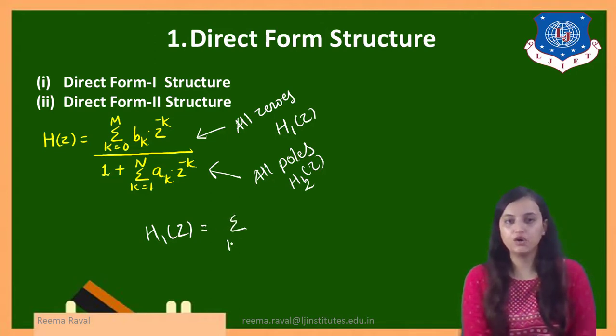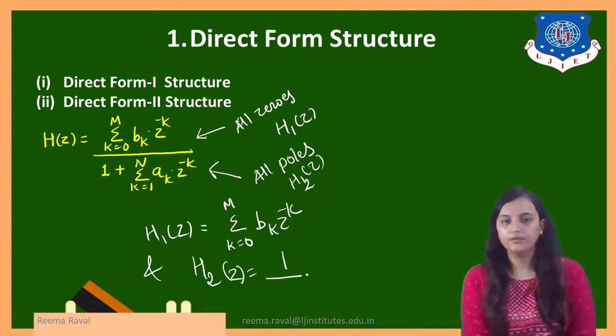which is equal to the summation of k equals 0 to M of b_k z raised to minus k, and if I take H2(z), that will be equal to 1 upon 1 plus the summation of k equals 1 to N of a_k z raised to minus k.